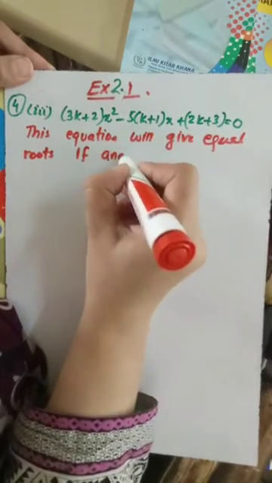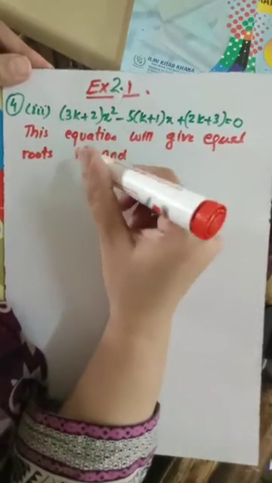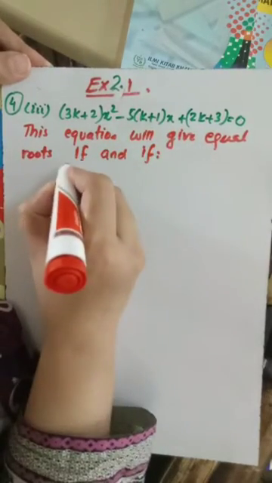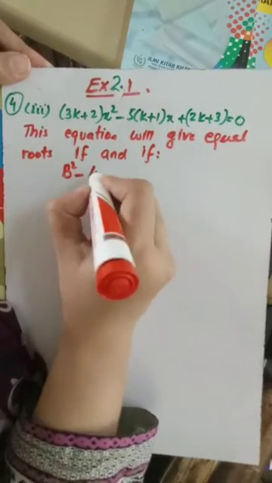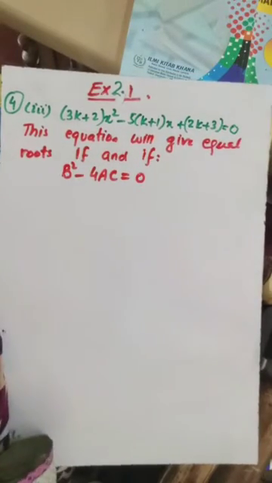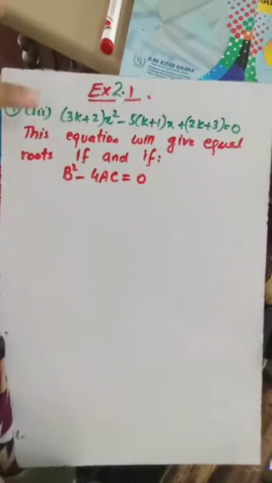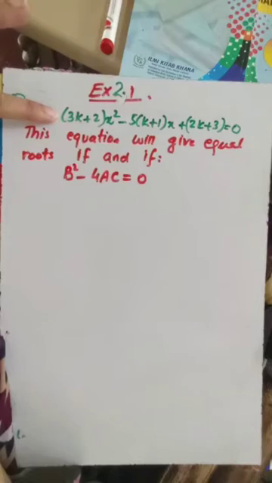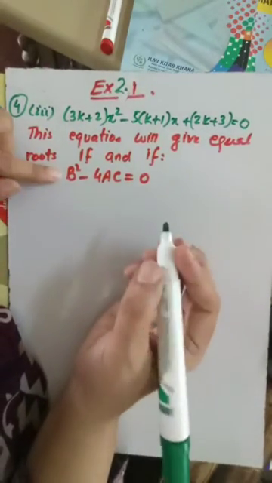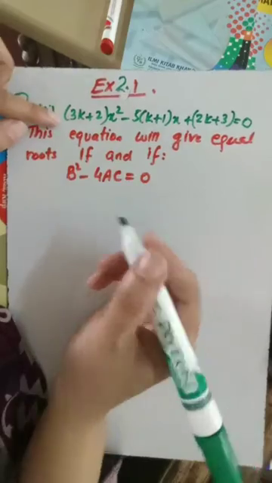If and only if, it means there is no other way. If and only if b square minus 4ac is equal to 0. If the discriminant is equal to 0, then this equation will give equal roots, otherwise it will not. So I am going to use this condition which will take me to the value of k.